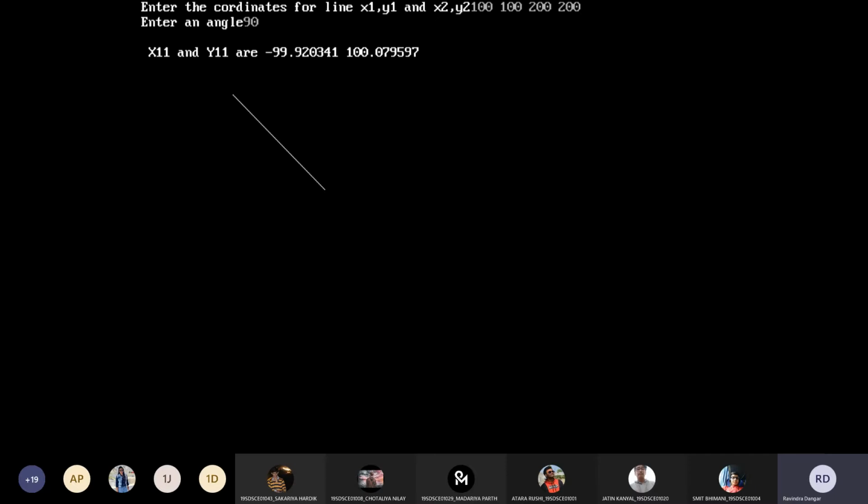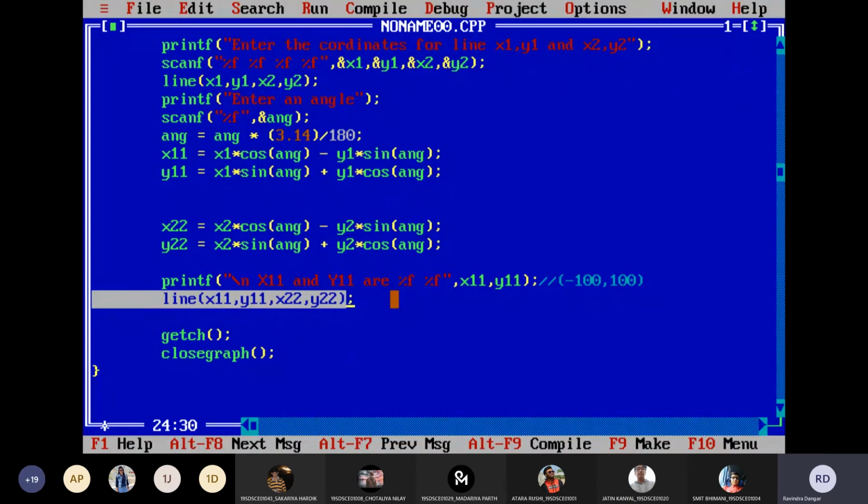Just to see whether it has rotated the line or not, what you can do is translate the line. For example, if I'm getting minus 100 value, and I'm adding something, let's say 200, to see whether I'm getting the perfect line or not. Everywhere, let's add 200.